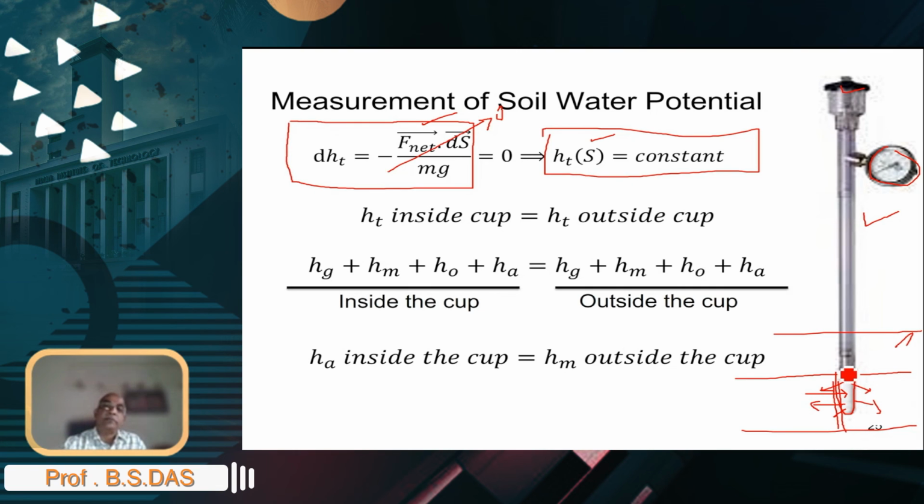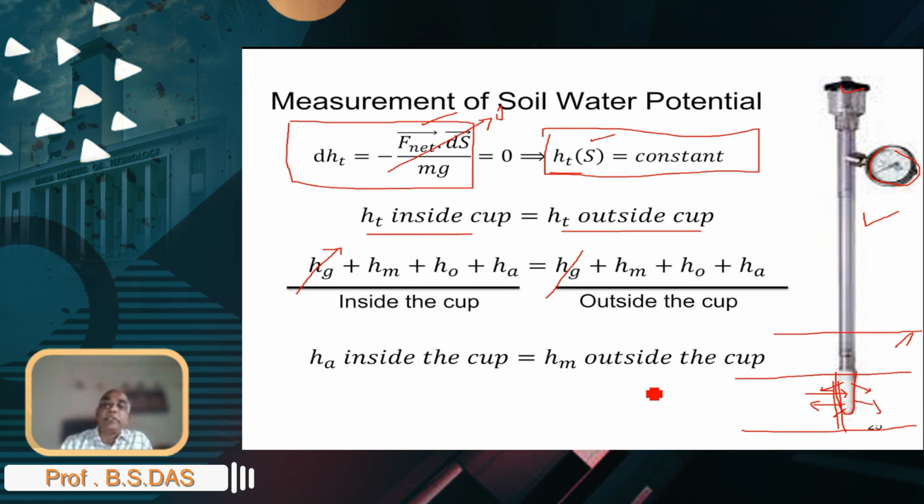So if you write down the hydrostatic total potential head to be constant, that means both inside the cup and outside the cup has to be equal. Then of course the first one that you can cancel out is the gravitational potential head, because they are equal in magnitude.